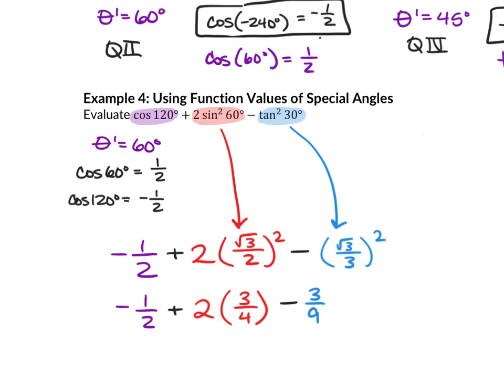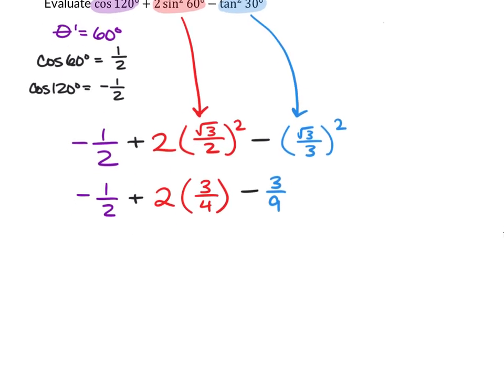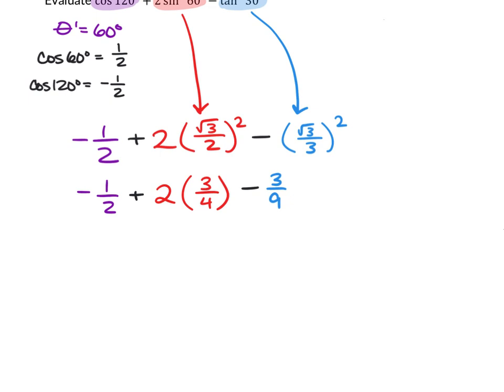We'll just flex our ability to do some general fractions here. Top times top, bottom times bottom, so this is going to be negative 1/2 plus 6 over 4 minus, and I'm going to reduce this fraction to 1/3. Obviously, you could turn to a calculator at any point, but we're going to do this in our heads.